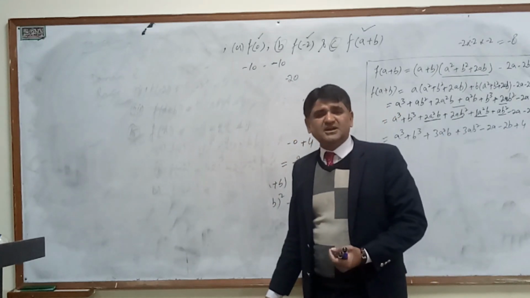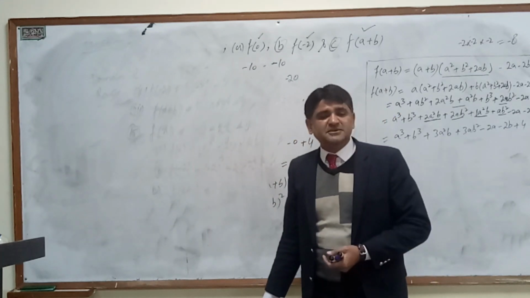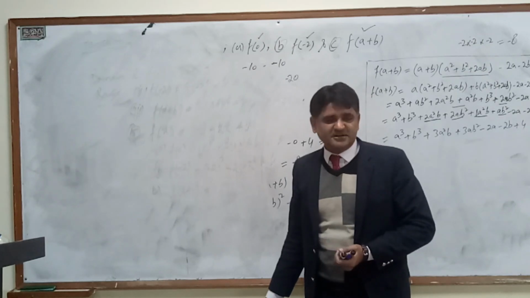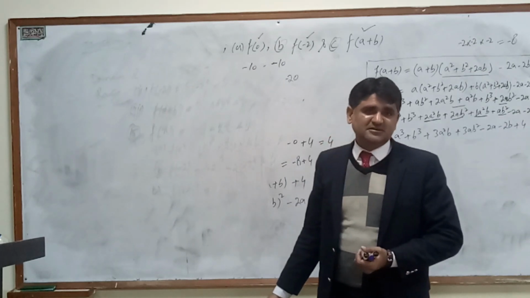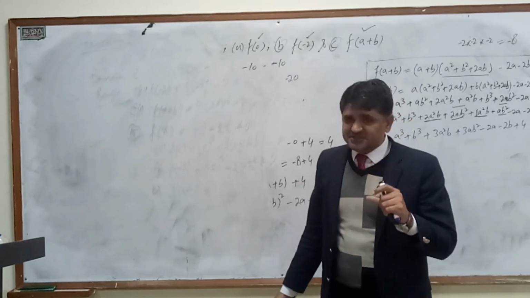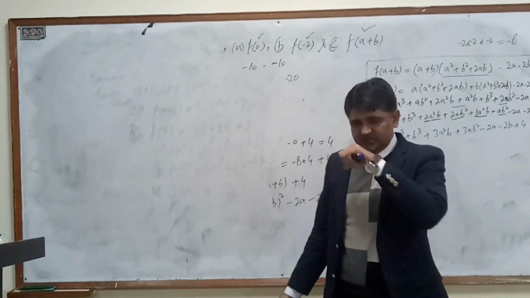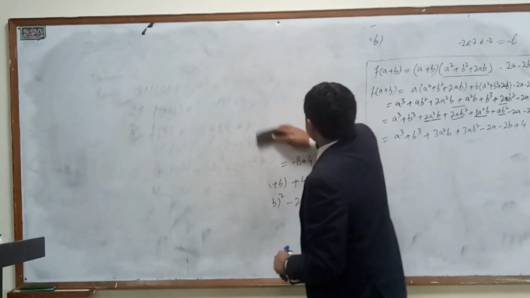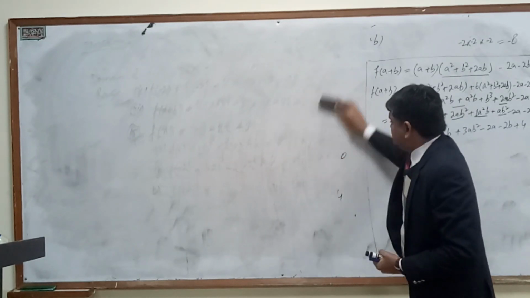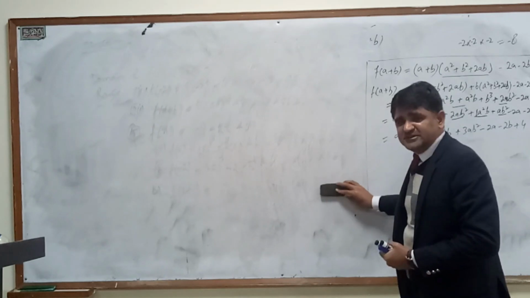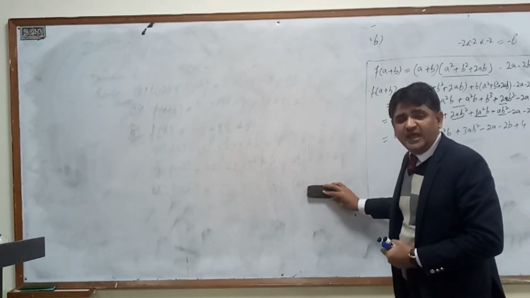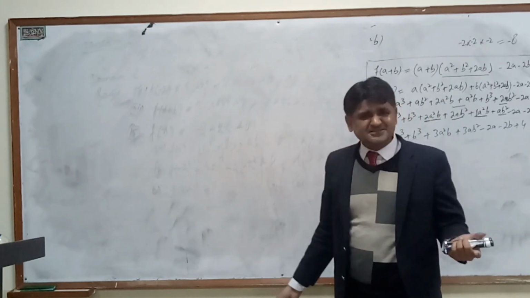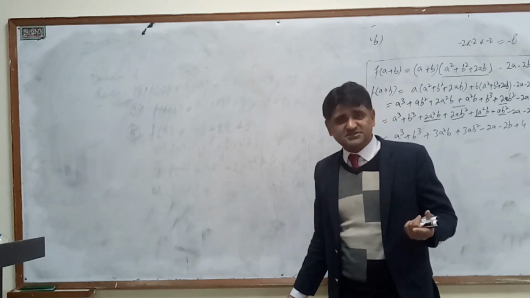What is a cost function? Total cost is a combination of fixed cost and variable cost. If the firm produces every unit, then it has some cost. That is a variable cost.